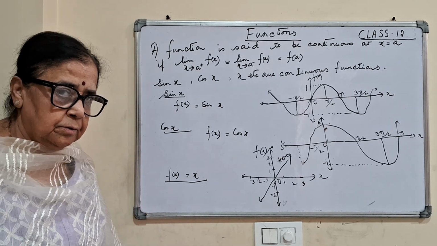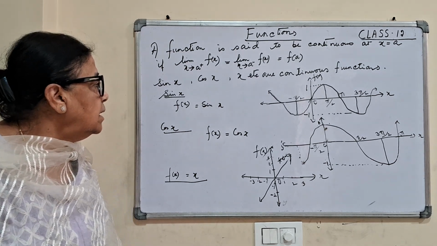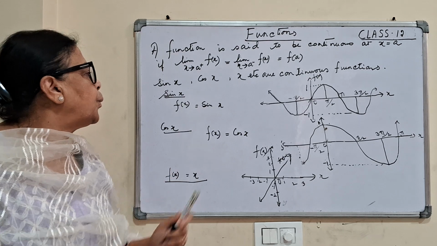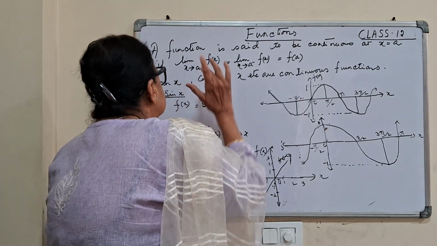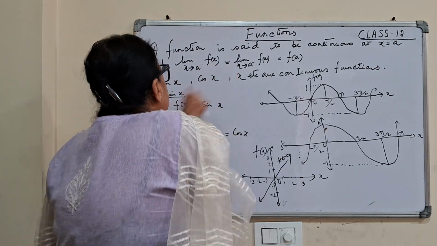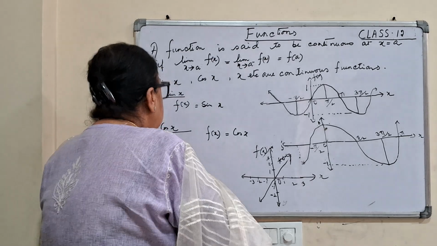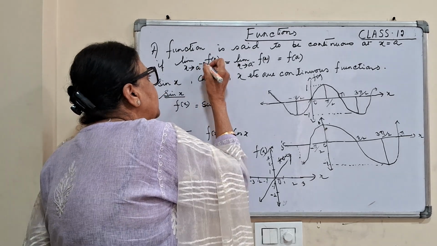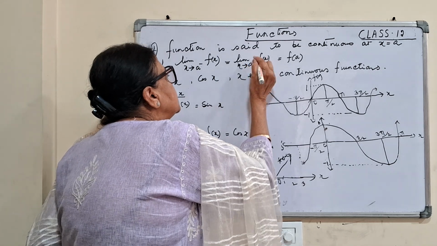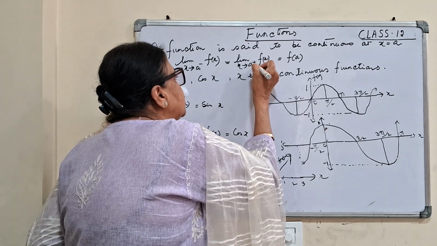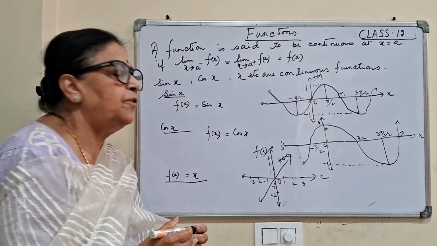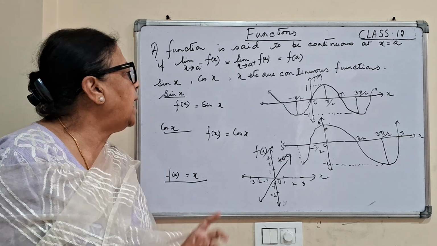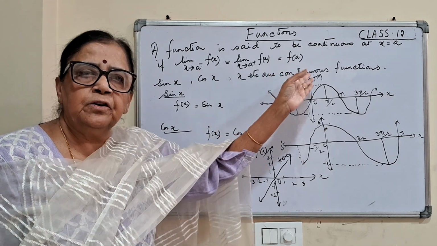of the function. That means the limit as x tends to a minus is the left hand limit, and the limit as x tends to a plus of f(x) is the right hand limit, and this is called the functional value.